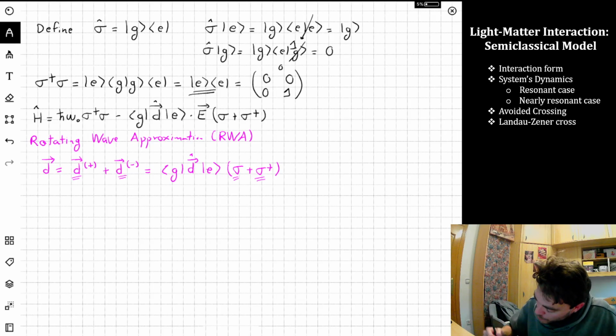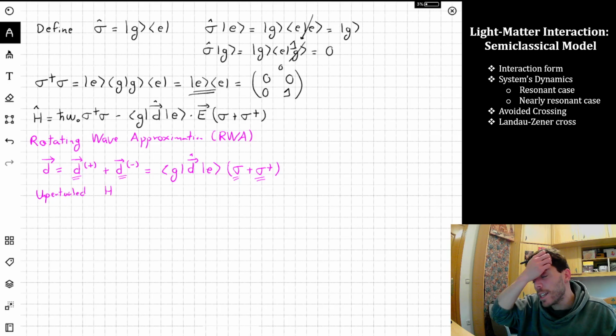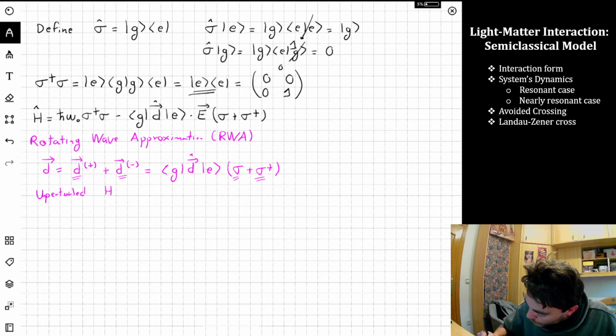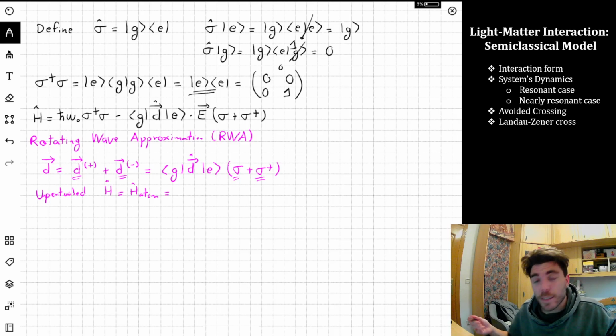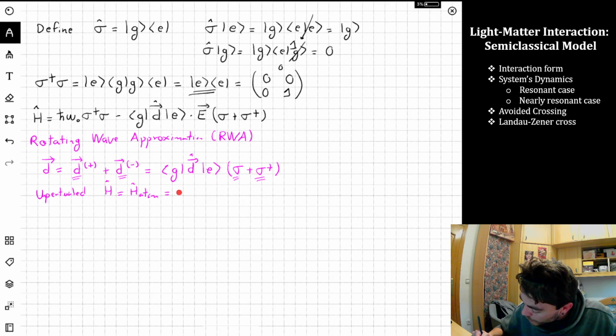And why is this? Because imagine we have the unperturbed Hamiltonian, and by the unperturbed Hamiltonian I mean that there is no light, so there is no perturbation to the atom, so it's just the Hamiltonian of the atom, right? Then the Hamiltonian is already diagonal, and we know the eigenstates are just the ground state and the excited state. The Hamiltonian is h bar omega 0 times the matrix 0, 0, 0, 1.